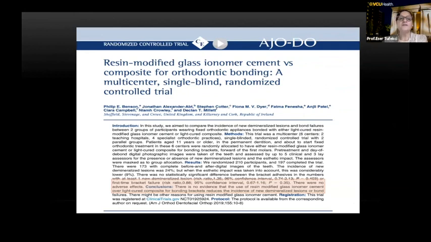According to this clinical trial, there was no evidence that the use of resin-modified glass ionomer cement has an advantage over light cure composite for bonding brackets in reducing the incidence of white spot lesions, and there were no differences in bracket failure.